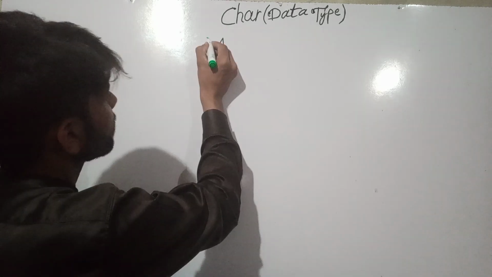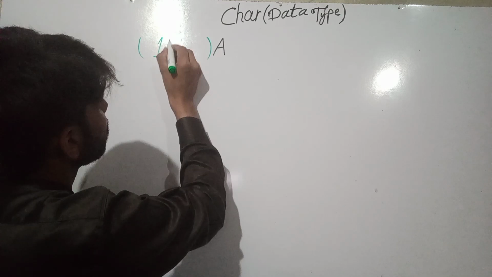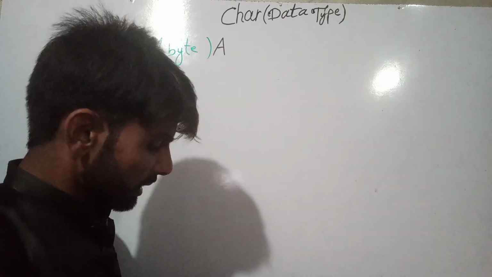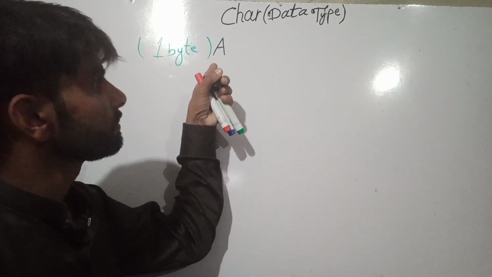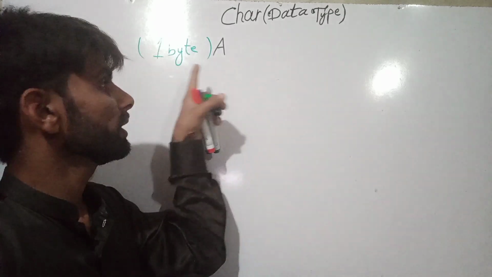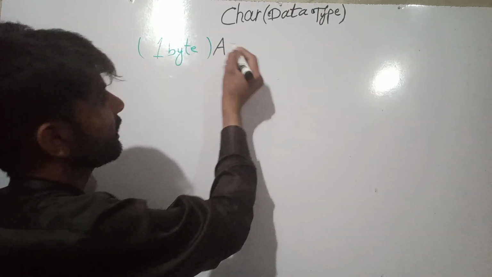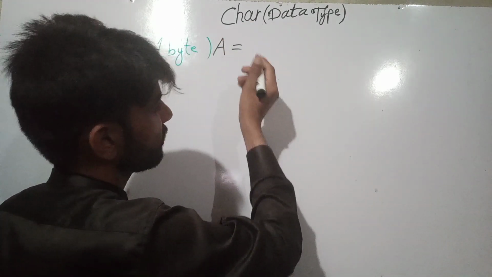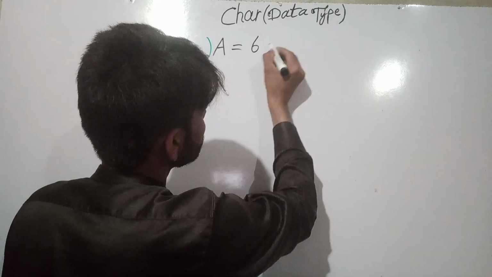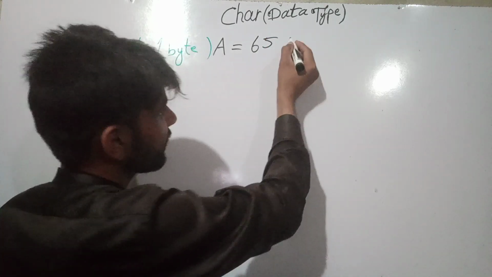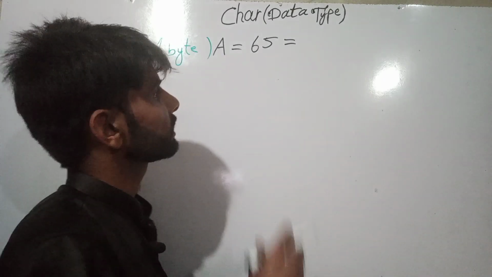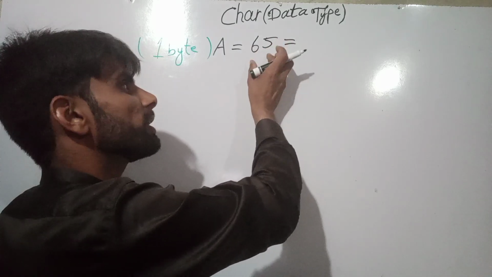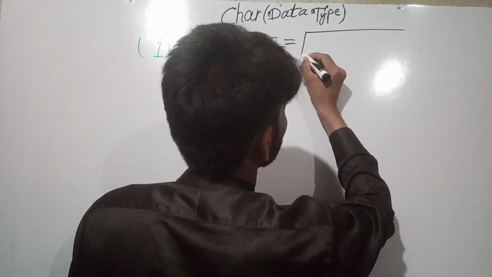A character takes 1 byte in memory, right? So when we hit the alphabet a on our keyboard and input it to the computer, the compiler first finds out its ASCII value. Its ASCII value will be 65, right? And then the compiler applies a bitwise operation.